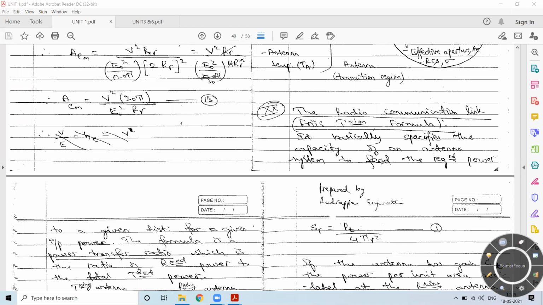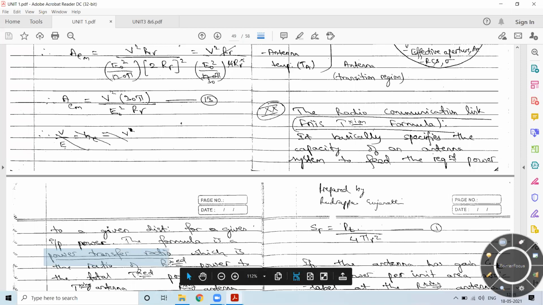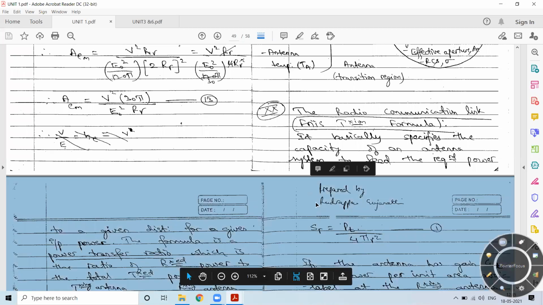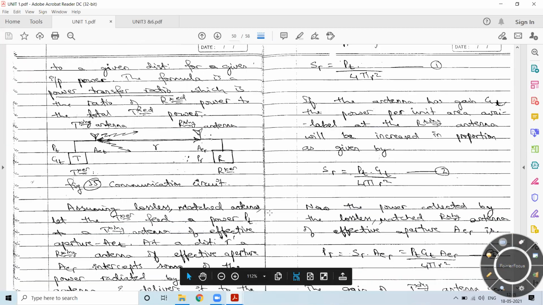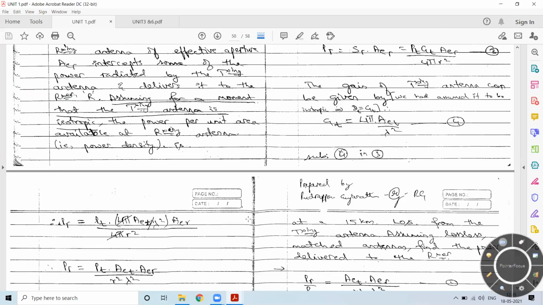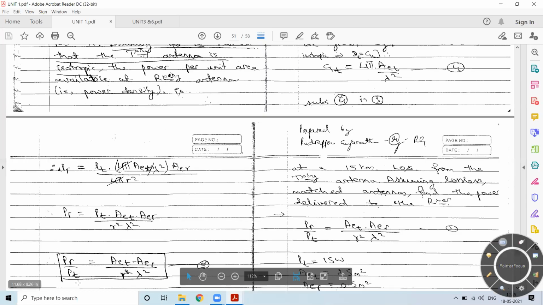So it gives you the information pertaining to the power transfer ratio. What is this ratio? It is the ratio of received power to the transmitted power.